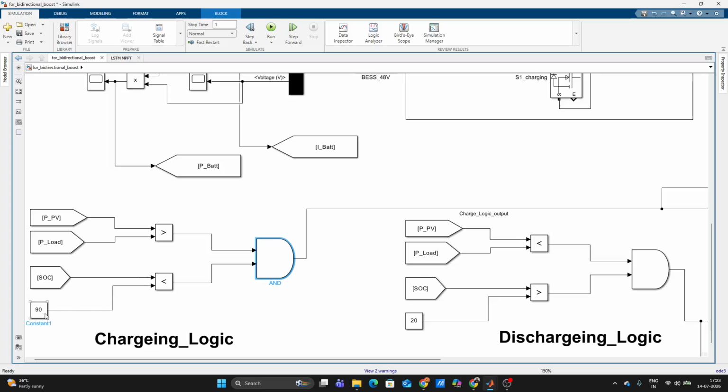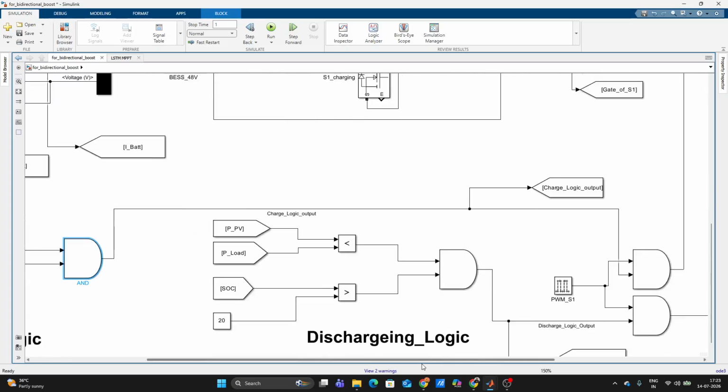We have kept 90 as the limit: if the battery is charged to 90%, it will stop charging, for long battery life. This is the simple logic. You can easily create this one.